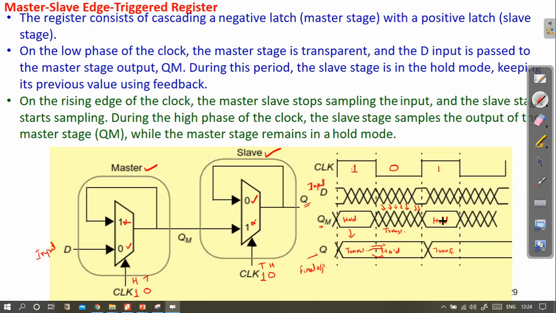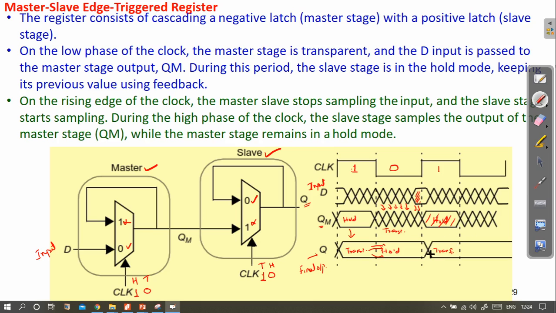It will hold the value which was last captured during the time when clock was low. And when clock was low, this value of data D was captured. And this will be maintained here like this when it enters into hold mode. So this value will be repeated here under this condition for the master.